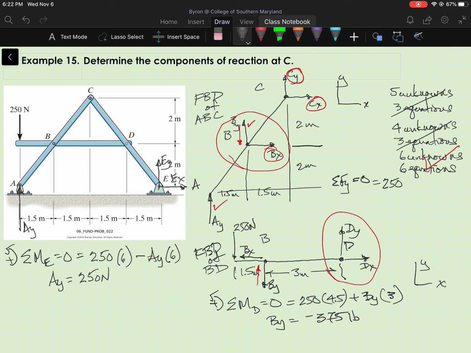I'm sorry, 250 newtons. B sub y, which has a magnitude of 375, but is acting downwards. And C sub y. Not sure if I gave the right number for B sub y. I meant to say 375 newtons acting downward, so that's why that minus sign is there in front of the 375. Now I can solve for C sub y. C sub y is 125 pounds, and I assumed its direction correctly.